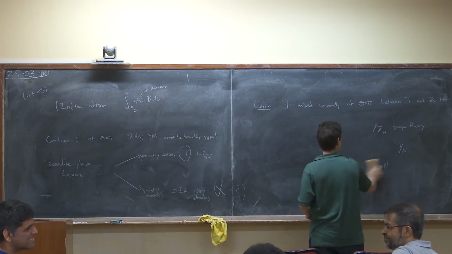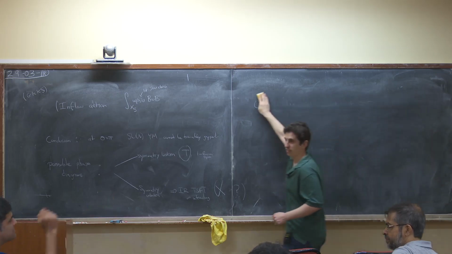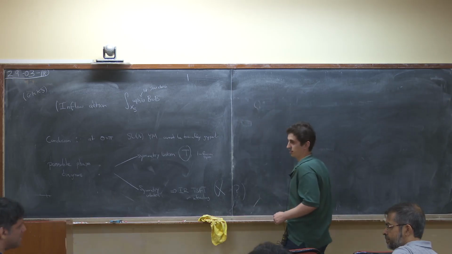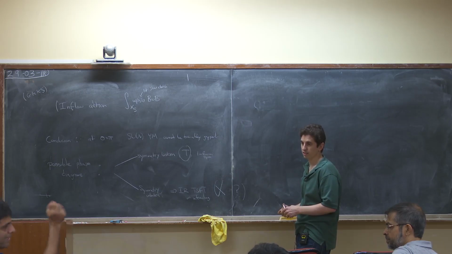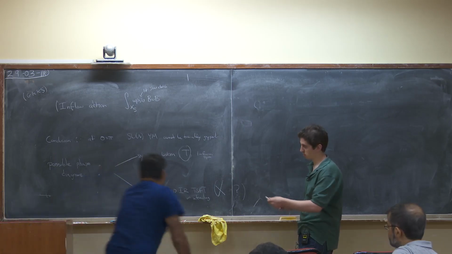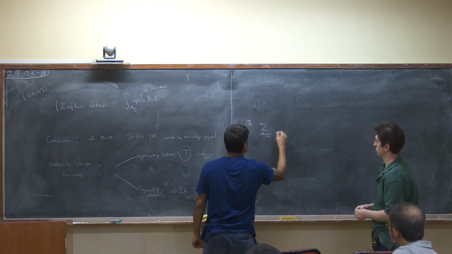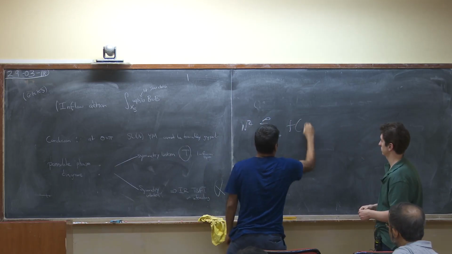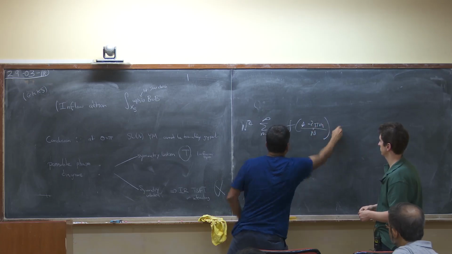Okay, so the large n analysis tells you that each of these functions is n squared times f of theta by n. Now to make it periodic in theta, the only reasonable possibility is n squared times the sum over all the branches, m from minus infinity to infinity, of f of (theta minus 2 pi m) by n.